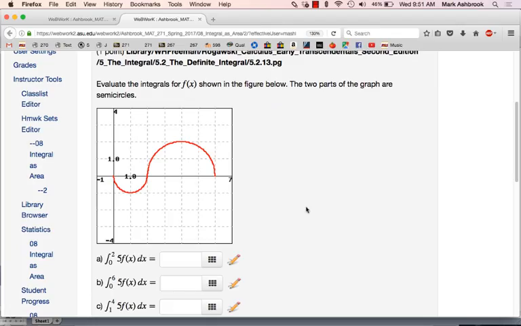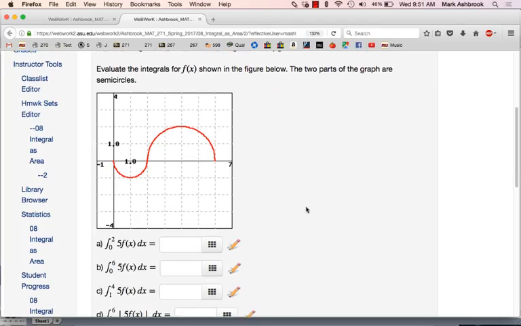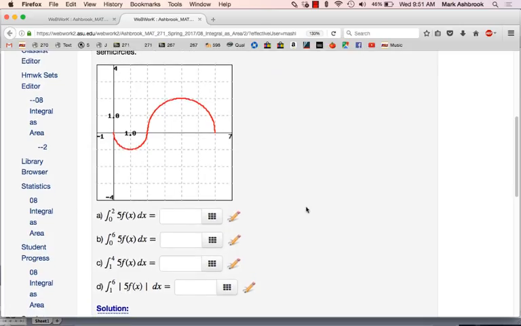Okay, so here's this function f. And we want to find out what these integrals are. Remember, in the area or geometry perspective, these integrals mean not net change but net area.